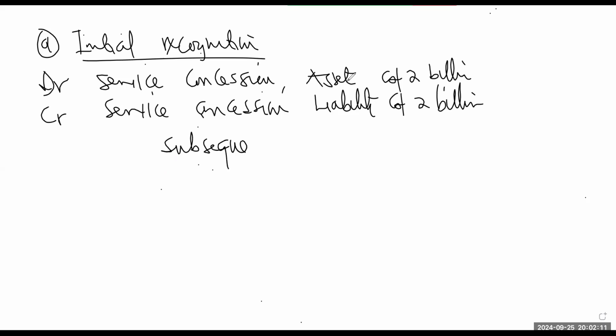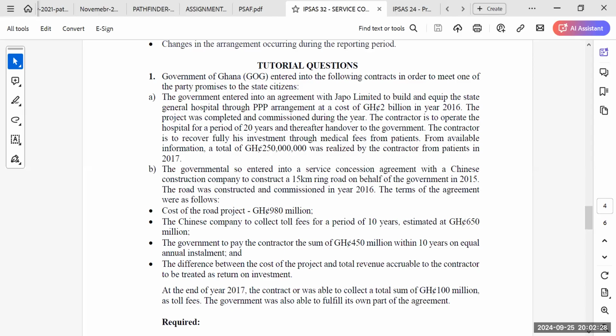Since we don't have any information about the useful life of that particular one, did the contractor receive any revenue in the year? Yes. Okay. So how do we account for this particular revenue that has been received?